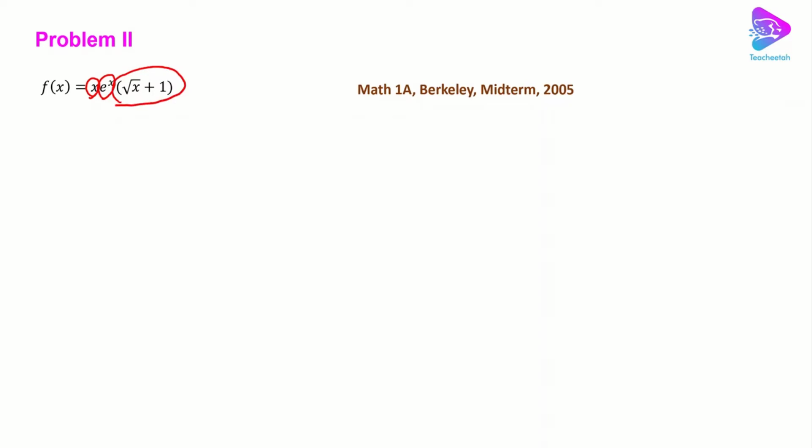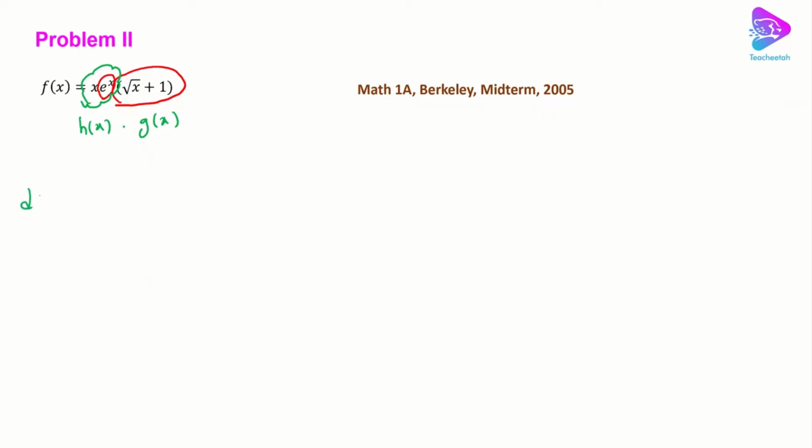Basically we have to use the product rule for this whole function, and I'm assuming that x times e to the power of x is our first function, and square root of x plus 1 is our second function. Let's say this is h(x) and this is g(x), and we have to use the product rule when we are multiplying two functions.